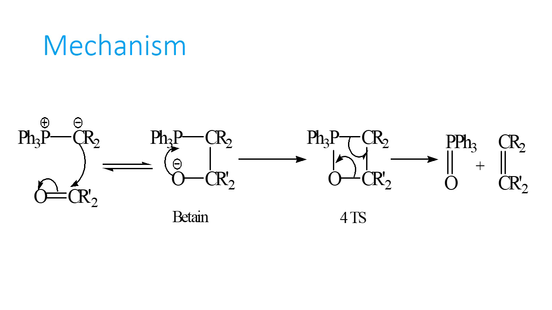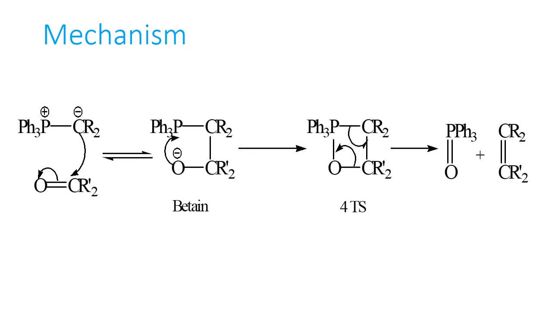Then the negative oxygen atom attacks the phosphorus, and we form a four-membered transition state which undergoes rearrangement with breaking of bonds to form the triphenyl phosphine oxide and our alkene, as we can see. So these are the main steps involved in our mechanism.